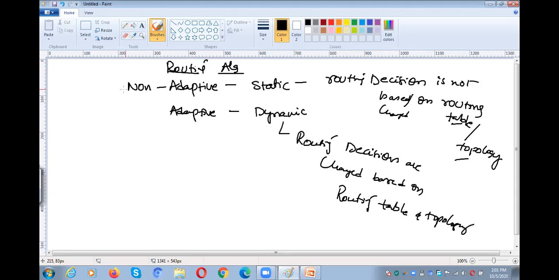So what are the static routing algorithms and what are the adaptive routing algorithms? Flooding and shortest path: these two come under non-adaptive routing algorithms.